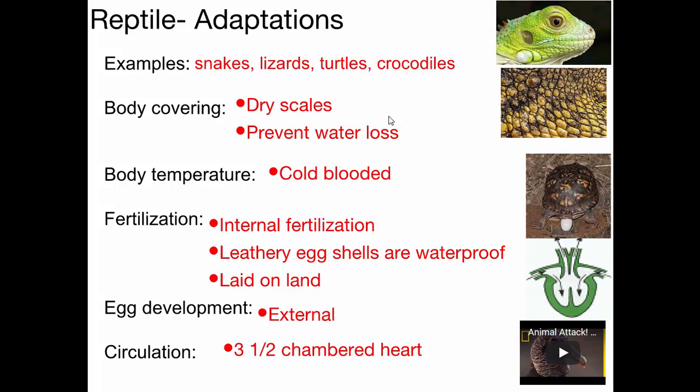So what you have in a reptile heart are 2 chambers, 2 atria. Blood comes into those 2 chambers, gets pumped down. This is the ventricle, the pumping chamber. And in reptiles, it has this wall that separates it partially. It doesn't fully separate it. If it did, that would be a 4-chambered heart.